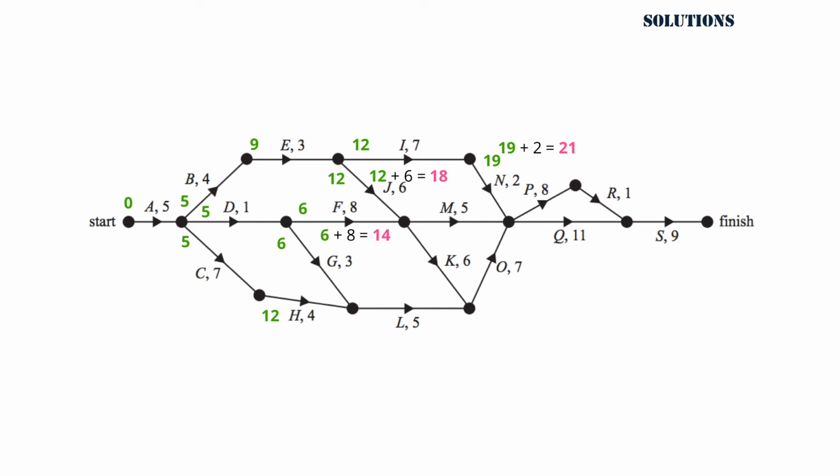For the earliest starting times for the activities M and K, we need to choose the highest number between the activities J and F. Therefore, it's going to be 18.